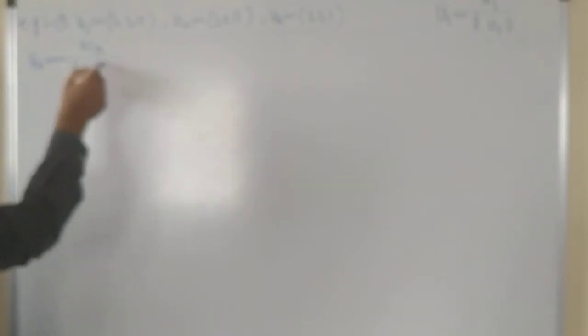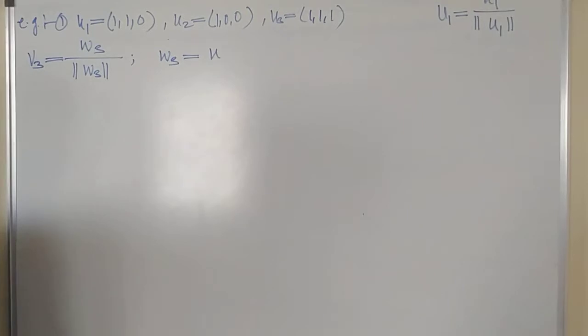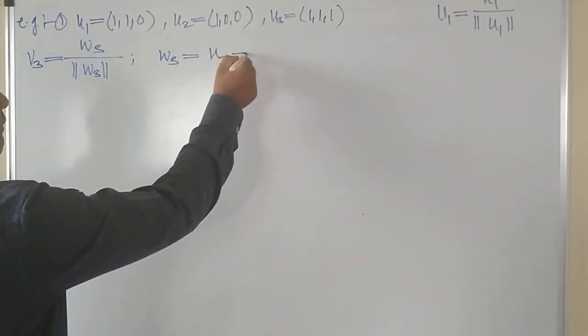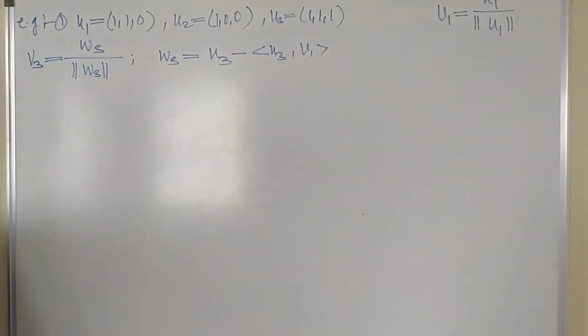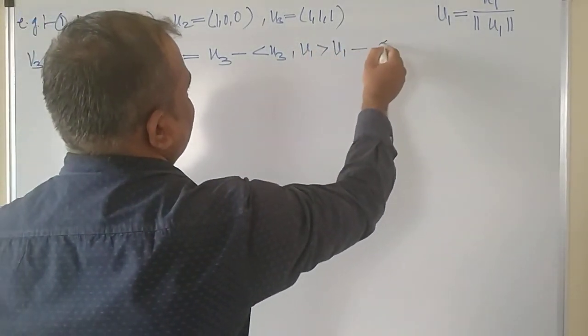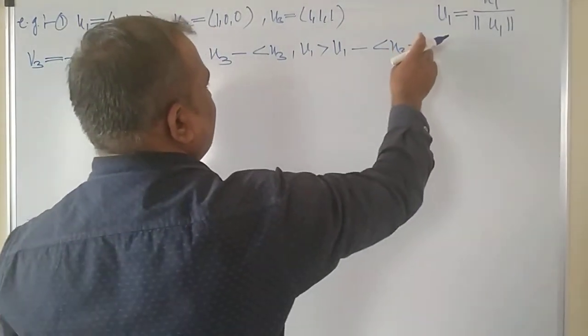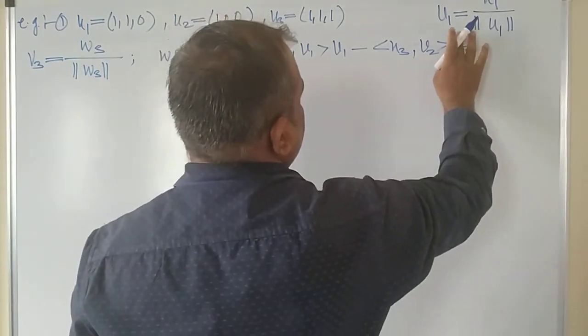So to calculate V3, what is V3? What's the formula for V3? V3 is equals to W3 by norm of W3. And what is W3? W3 is equals to U3 minus inner product of U3 with the first vector V1, into the vector V1, minus inner product of U3 with V2 into V2, right?